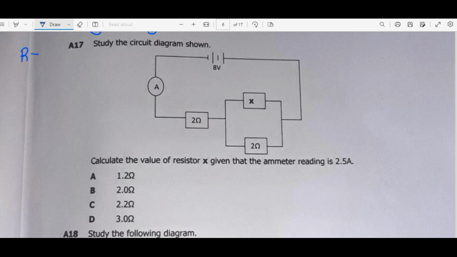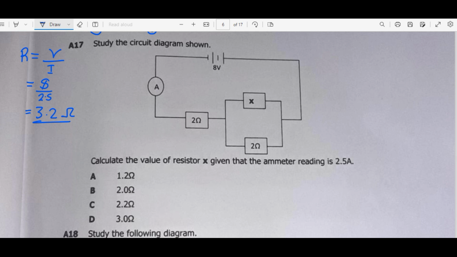So resistance is equal to voltage over current. Voltage is 8, current is 2.5. 8 divided by 2.5. The total resistance for the whole circuit is 3.2 ohms.